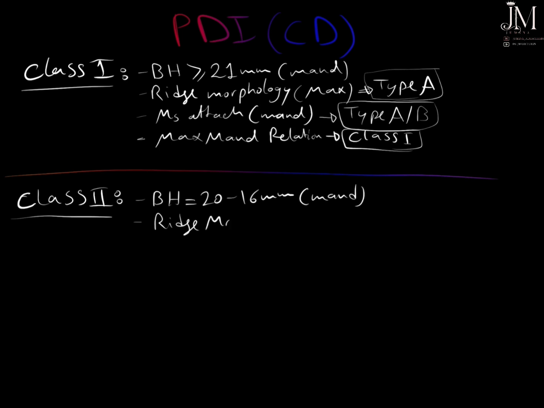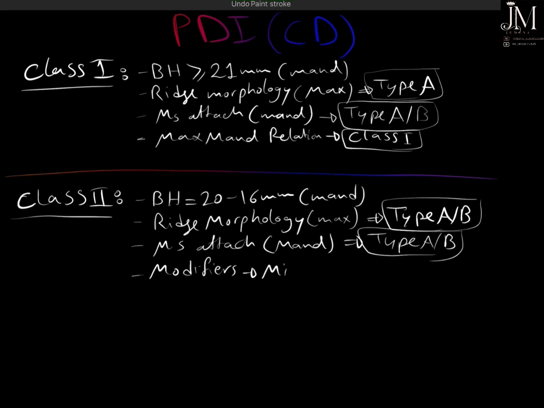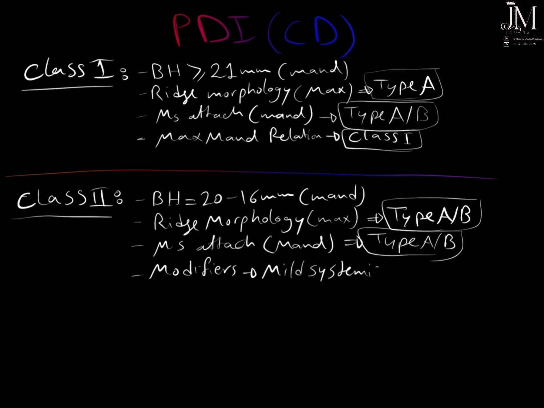Class 2: bone height 20 to 16 millimeter and residual ridge morphology in the maxilla type A or B. Type B: no buccal vestibule and poor hamular notch, no tori. Location of the muscle attachment has limited influence on denture stability and retention, type A or B. Minor modifiers: mild systemic disease with oral manifestation.